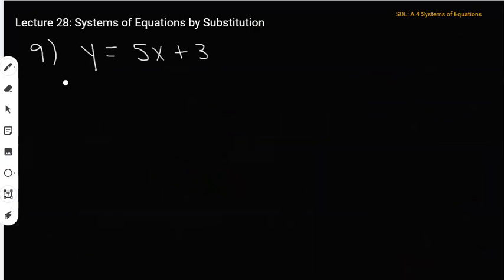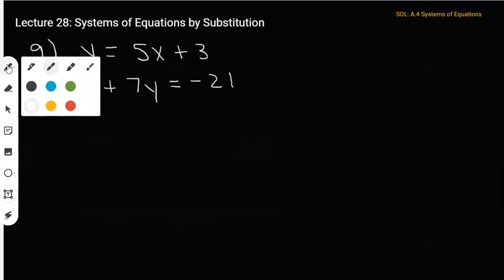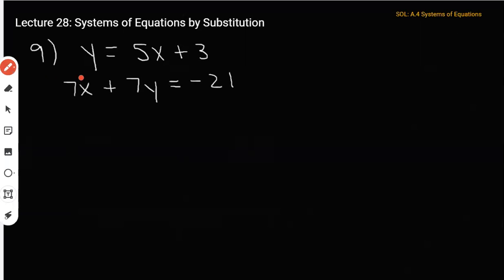And the bottom equation is going to be 7x plus 7y equals negative 21. So I'm given two equations for this one. I've got a top equation and a bottom equation. The top equation tells me what y is. Y is 5x plus 3.